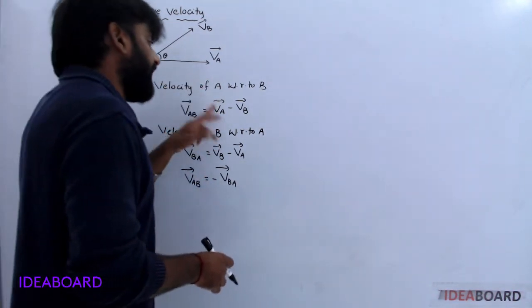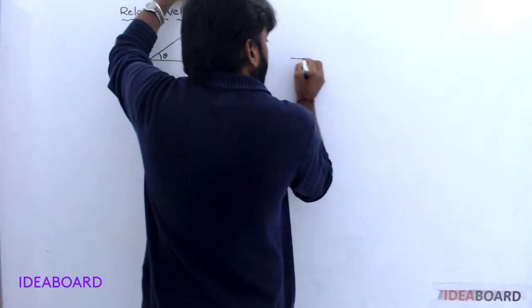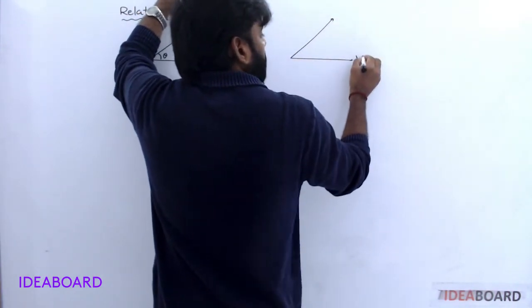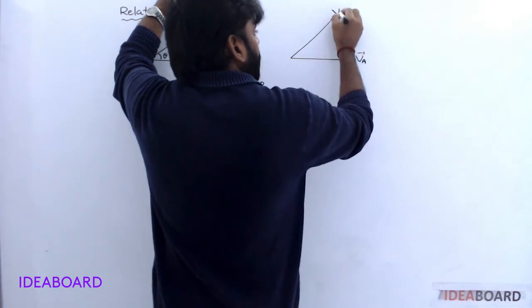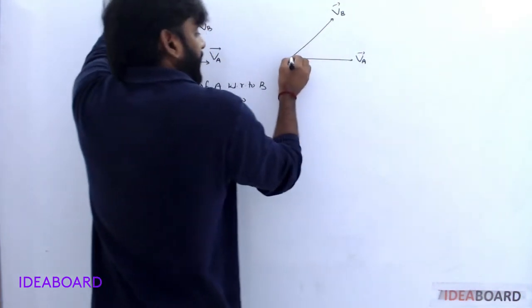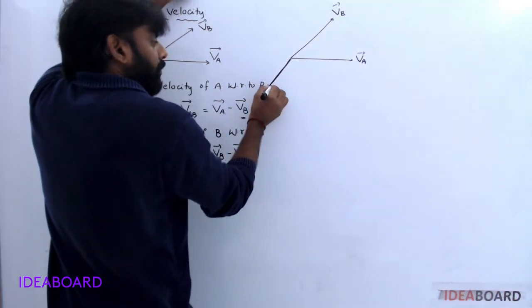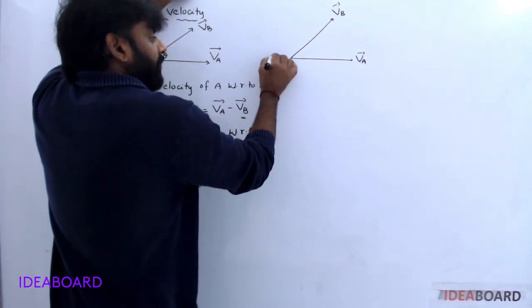See, velocity of A direction is as usual for this one, but the direction of the other velocity is reversed because of the negative. Okay, this one is VB bar.